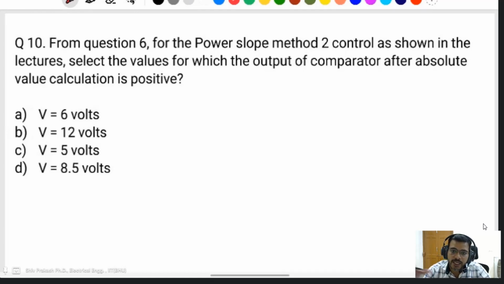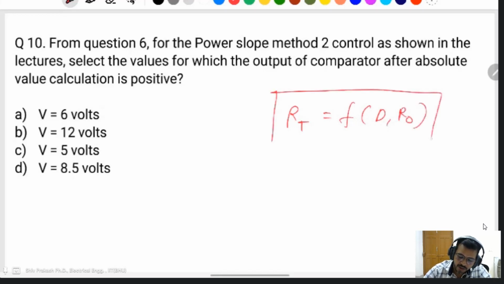Or if you want to fix the duty cycle, at that time you require the load resistance. The same formula you can use, with Rin as a function of duty cycle, for all the DC-DC converters, like buck converter, boost converter, and buck-boost converter. From this you can calculate the value of the load resistance.